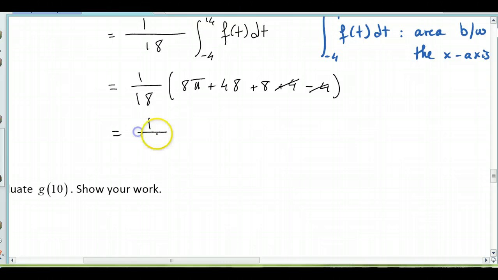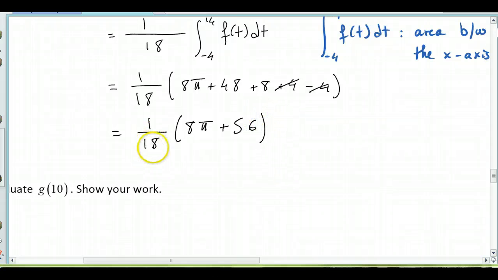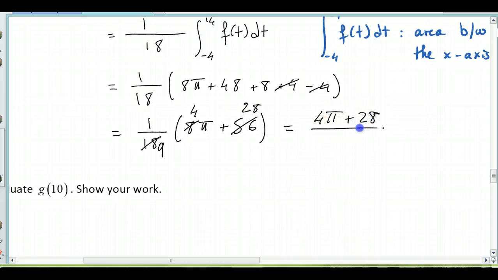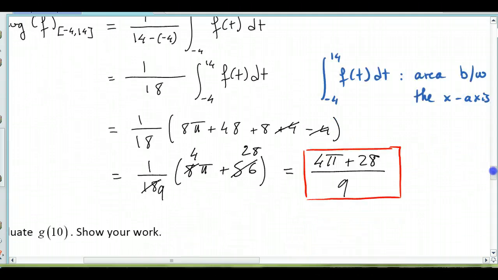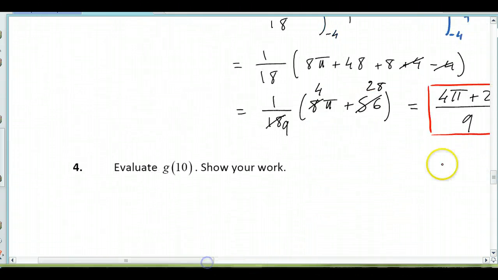And so you have 1/18 times 8 pi plus 56. Of course, we can divide by 2, right? That's 9, 4 pi plus 28 over 9. Here we go, and this is the average value of the function over the interval [-4, 14].